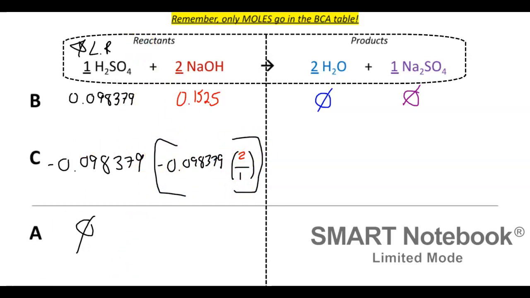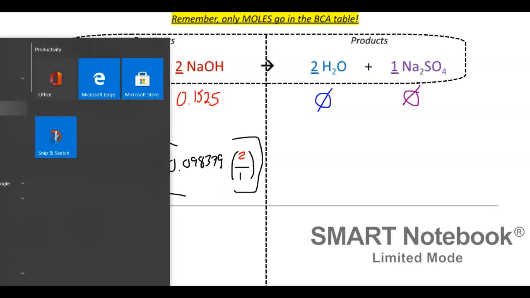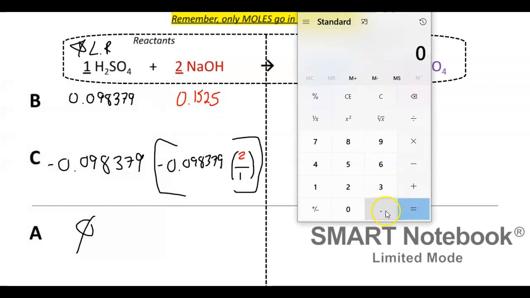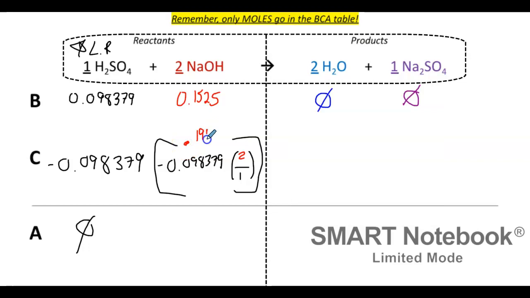So what is this number? We just had it in our calculator, I think. Oh, I closed my calculator. Okay, here's the calculator. So 0.098379 times 2. Now we don't really need to divide by 1. So how much sodium hydroxide am I using up? 0.196758. So that's how much I'm using up.